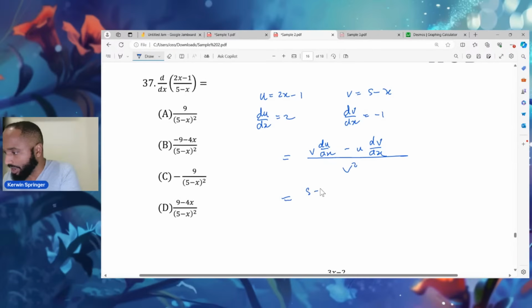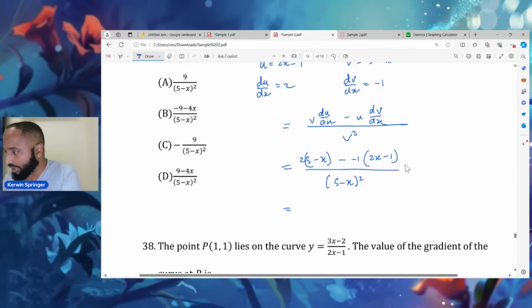All right, so I end up with 5 minus x. du/dx is 2 minus u. My dv/dx is negative 1, so negative 1 by u is 2x minus 1, over v squared, 5 minus x all squared. This will simplify to give me 10 minus 2x plus 2x minus 1.